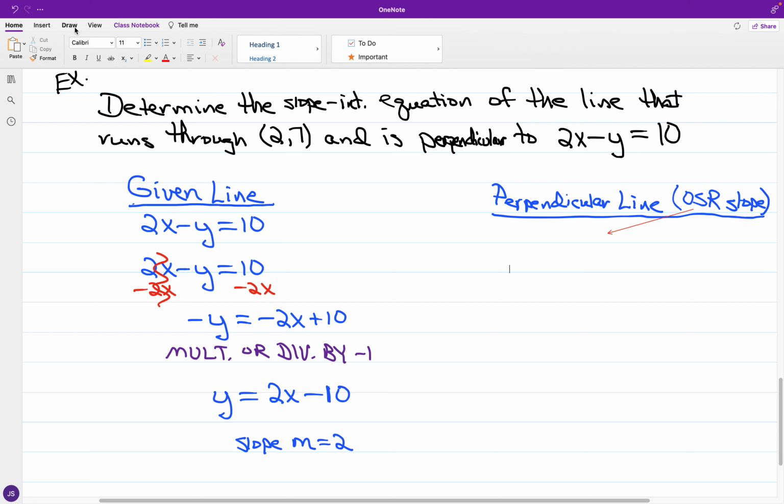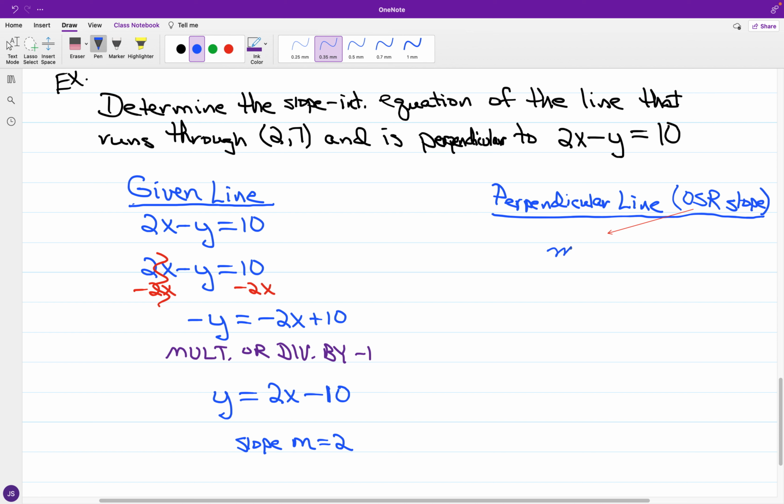The slope of the given line is 2. So for the perpendicular, the opposite sign of a positive is a negative, and the reciprocal of 2 is 1/2. So the perpendicular line has a slope of negative 1/2.